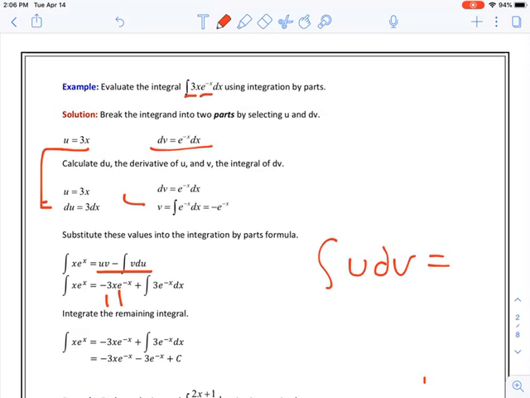Then you might wonder, why did this minus become a plus? Well, the v is negative e to the negative x, and the du is 3 dx. So when you put those together, you're going to have 3e to the negative x dx, and you can put that negative sign out in front, and a negative times a negative becomes a positive.